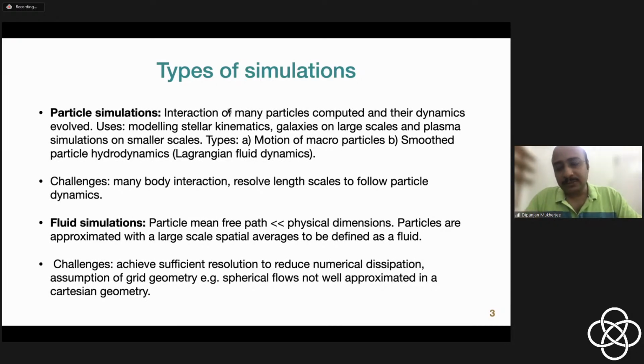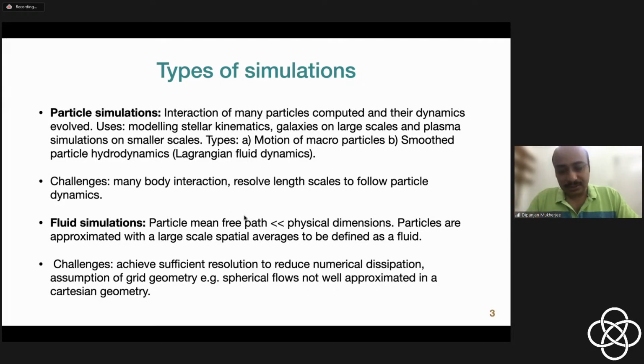Then the basic properties of the gas, for example density, pressure, temperature, etc., are evaluated as volume average quantities over a certain spatial region. And thus we can describe the entire gas as a continuous distribution of the different functions. And that is when the fluid description is valid. So do keep in mind this particular criterion.